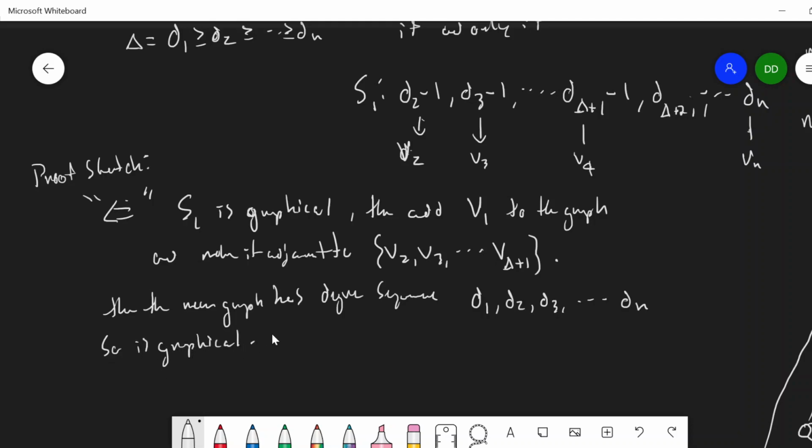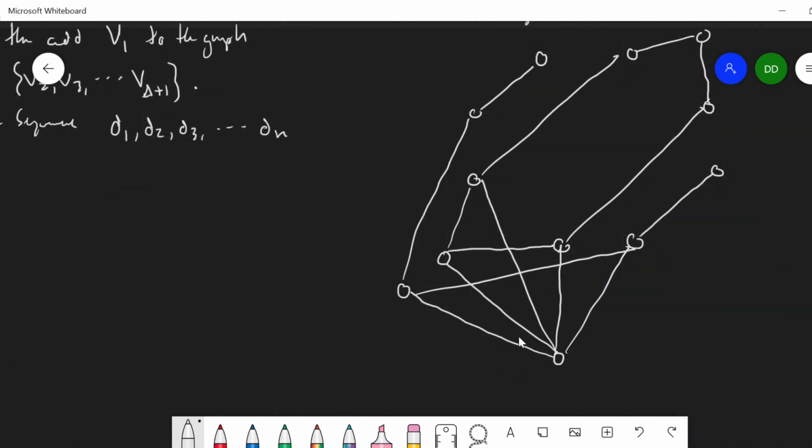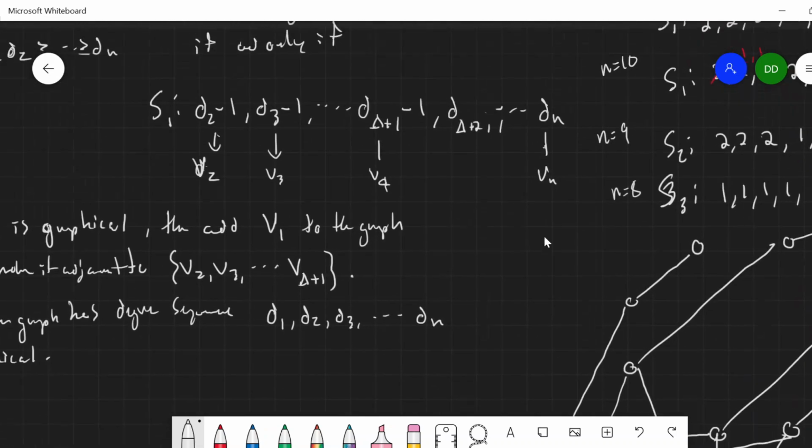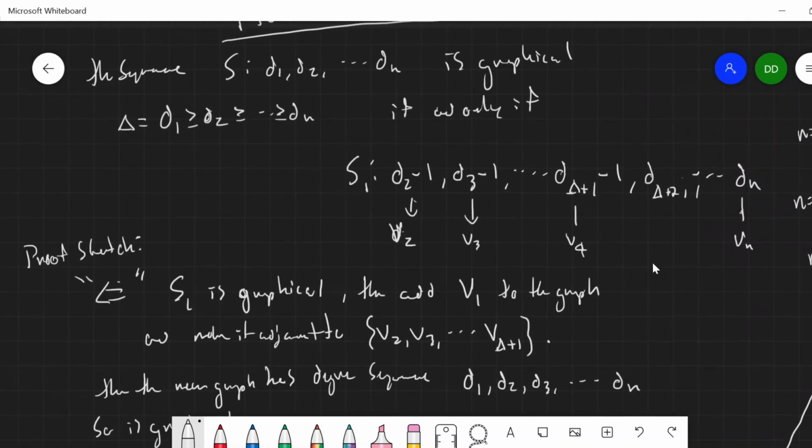So that's how we do the backwards direction. And it's this exact process here of adding a new vertex and making it adjacent to the other ones. We can keep track of the subscripts to make this a little bit more rigid when we're doing that, but that works.